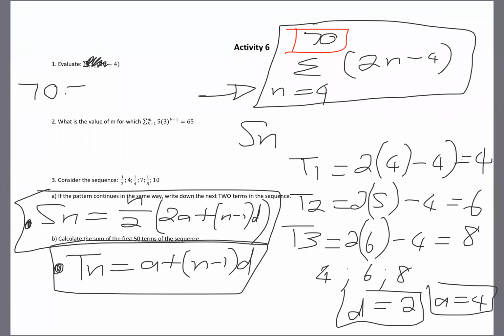So Tn is equal to a plus (n minus 1)d. I'm trying to work out what my n is, right? So I'm going to say 70 is equal to my a, which is 4, plus (n minus 1), which I'm trying to work out, times my d, which is 2. And then I'm just going to solve for n here, like I've been doing.